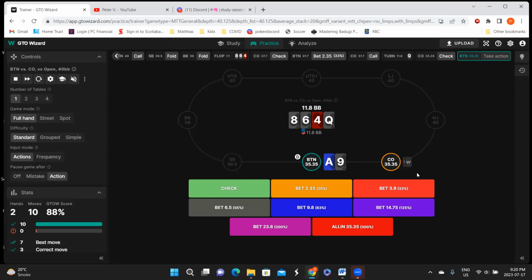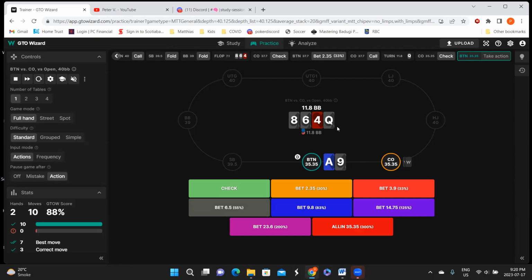From out of position, yes. From in position, not so much. Yeah, out of position always wants more equity to continue bluffing. Almost always, I should say. In position doesn't need equity quite as much.